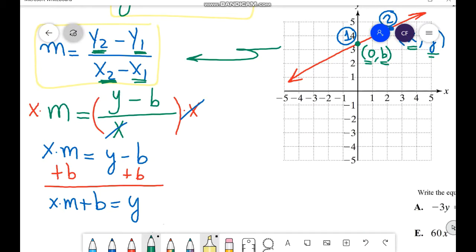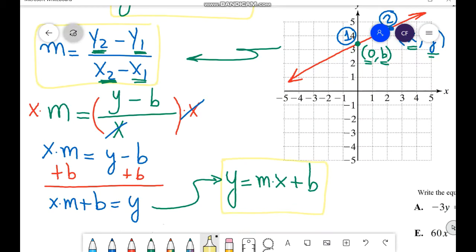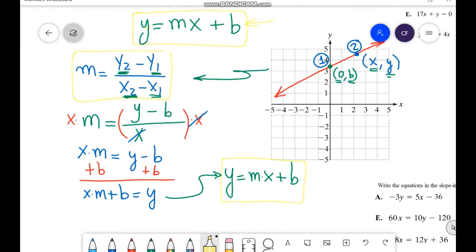We can also switch sides: y equals, and we can write x times m as m times x, plus b. And check it out, this is our slope-intercept form. See? It's the same equation, and we derived it using the slope formula.